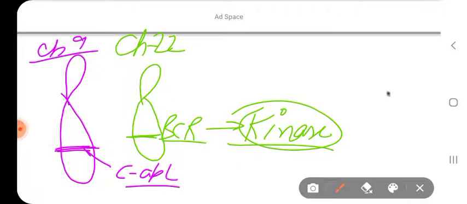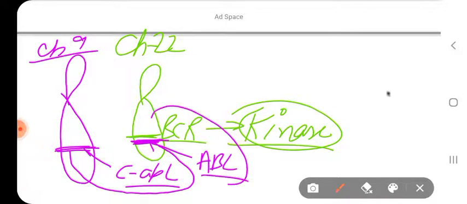So when the CABL gene is shifted to this region and forms the BCR-ABL gene product, it causes a serious abnormal protein known as the BCR-ABL product. It will cause a disease which we call CML, or chronic myelogenous leukemia.